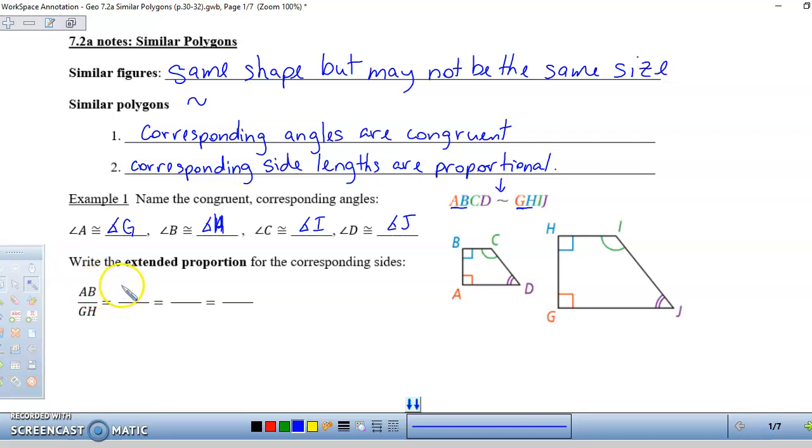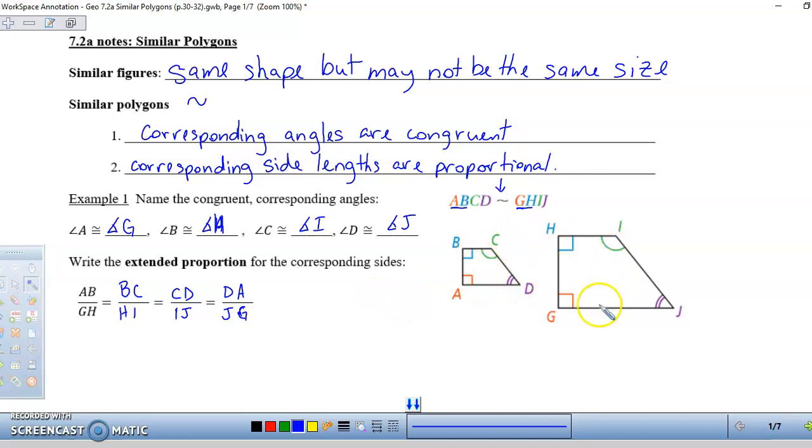So the next fraction or ratio would be BC, and that would go with HI. Okay, so pause and do the other two ratios. Okay, so you should have CD goes with IJ, and then wrapping around, DA corresponds with JG.